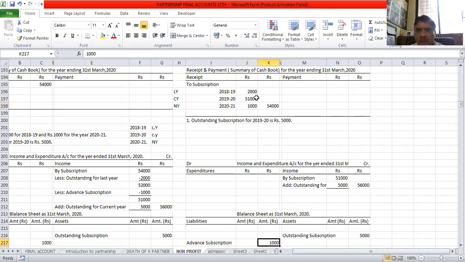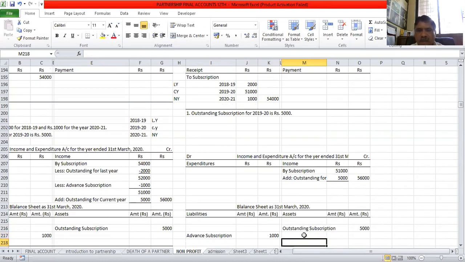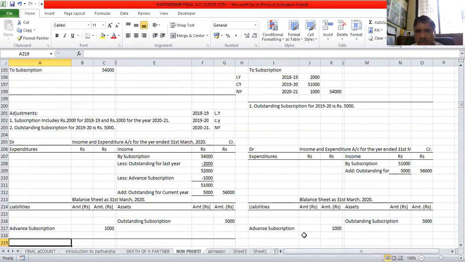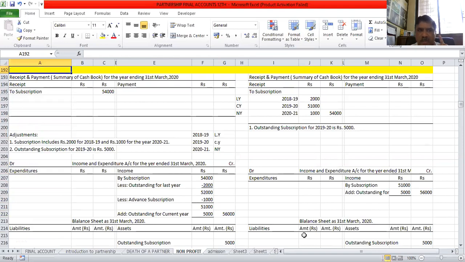And here, the outstanding subscription for the current year should go to the asset side of the balance sheet. In the same way, if you see the solutions, both are the same. The presentation of the question is different. So this is how you have to understand one of the key adjustments in a non-profit organization.